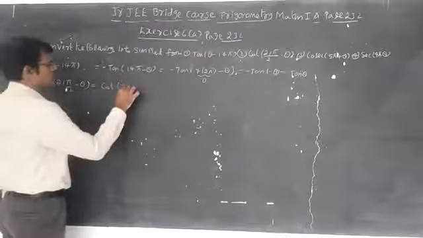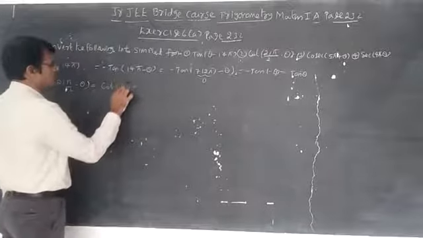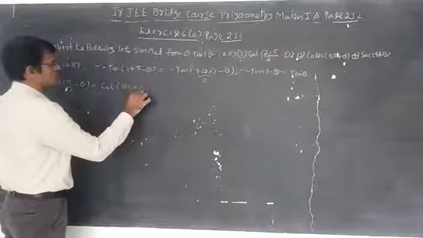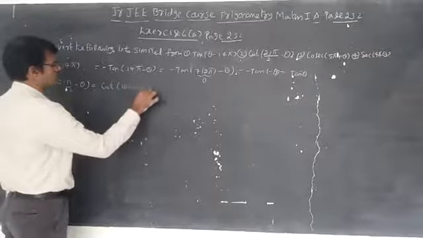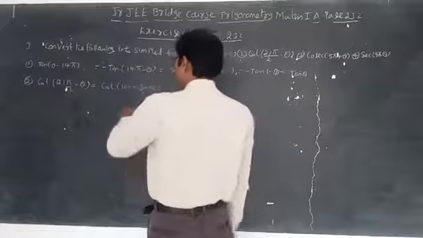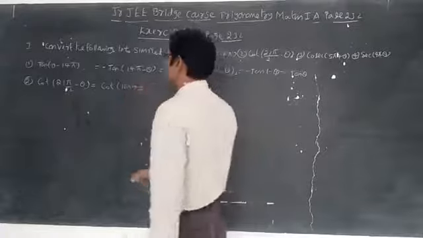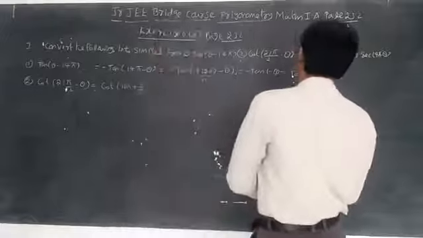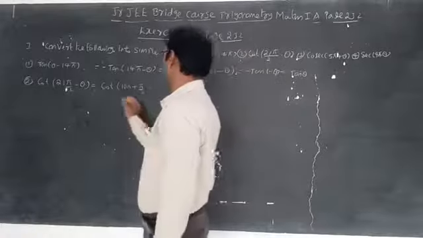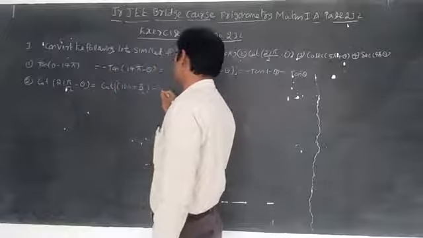So better to write 2 pi plus 10 pi. If you take the LCM here, 21 pi by 2 is 10 pi plus pi by 2. So 10 pi plus pi by 2 minus theta.